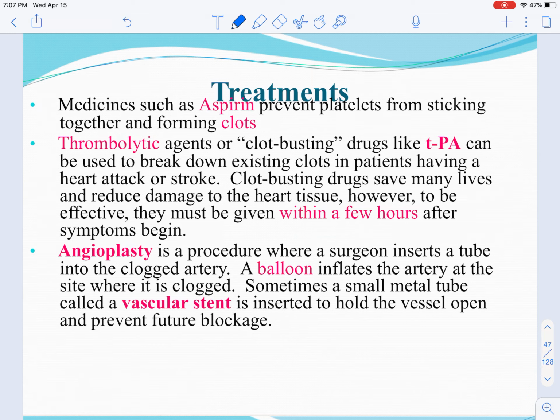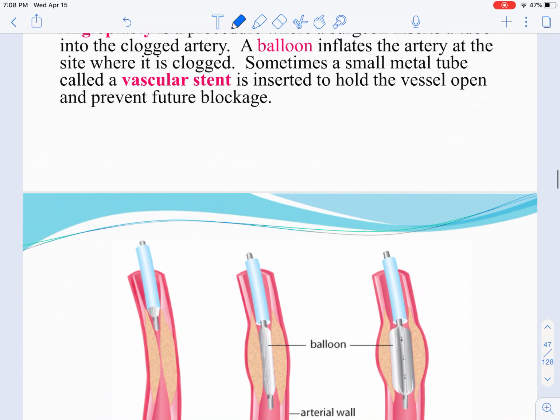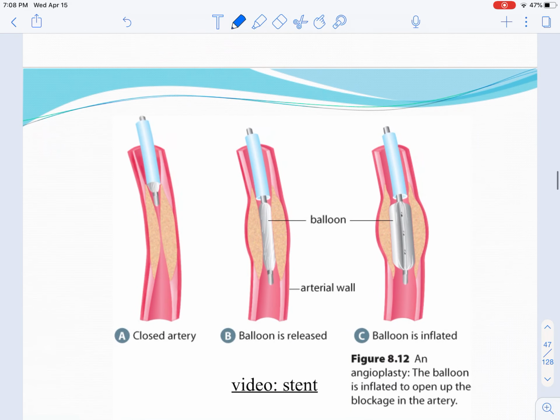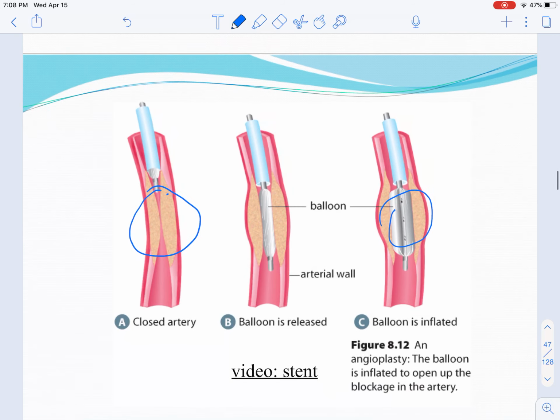Okay, so clots obviously can impair flow of blood through vessels and through the heart. An angioplasty is what's in this image here, where they basically go through a closed artery, and it used to be something that was done to just inflate this little balloon and basically squash that blockage, the plaque blockage in there.